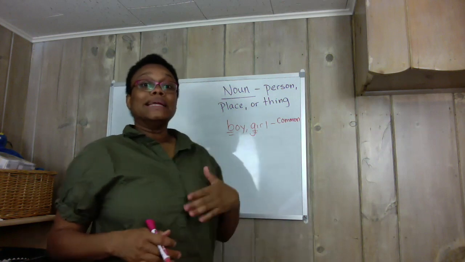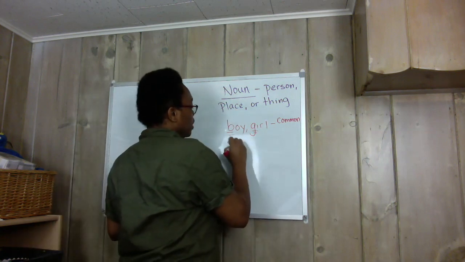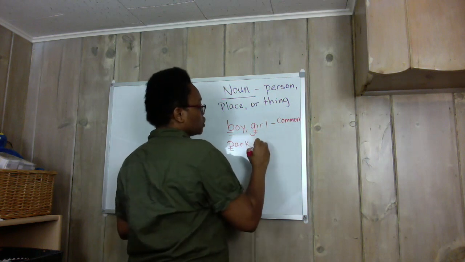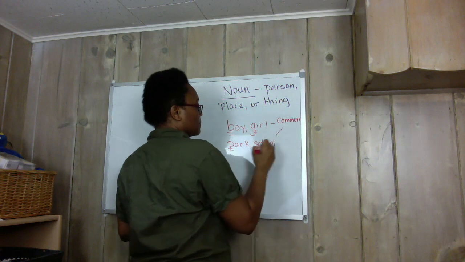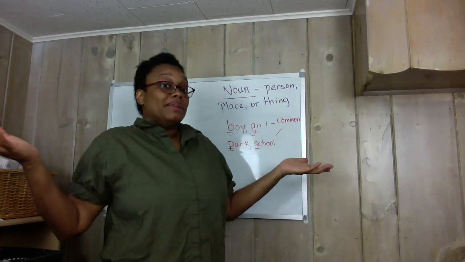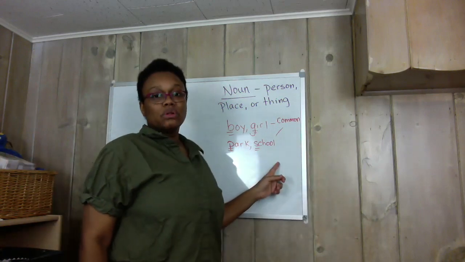So an example of a common noun for a place would be a park, or a school. These are also common. It could be any person, place, or thing, any park, any school.